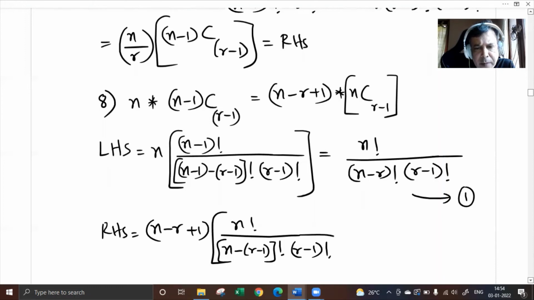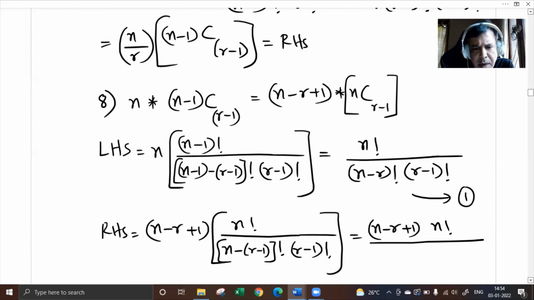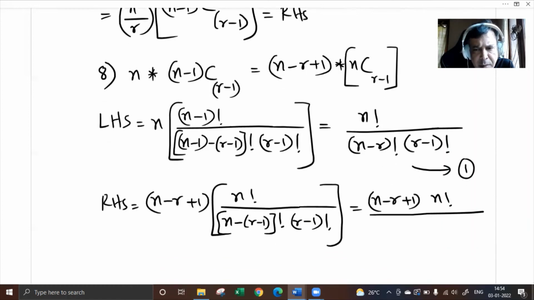So now we can rewrite it as (n minus r plus 1) times n! divided by, denominator now becomes (n minus r plus 1)! into (r minus 1)!.